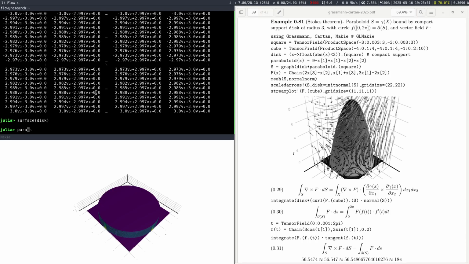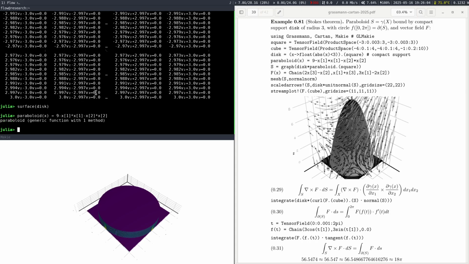And then we're gonna define the paraboloid. And then define what S is.